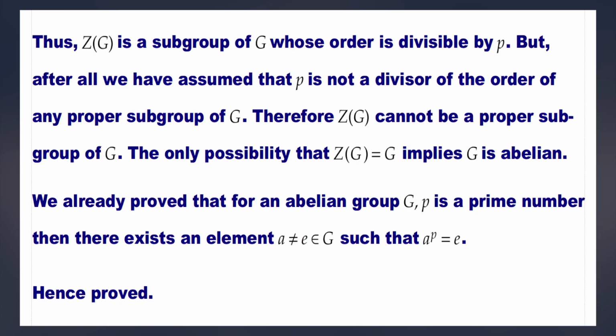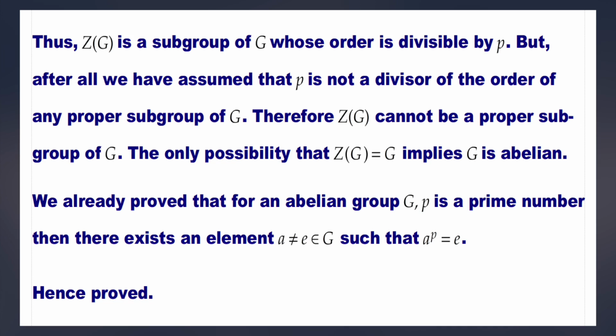Thus, the center of G is a subgroup of G whose order is divisible by p. But we have assumed that p is not a divisor of the order of any proper subgroup of G. Therefore, the center of G cannot be a proper subgroup of G. The only possibility is that the center of G is equal to G, which implies G is abelian.